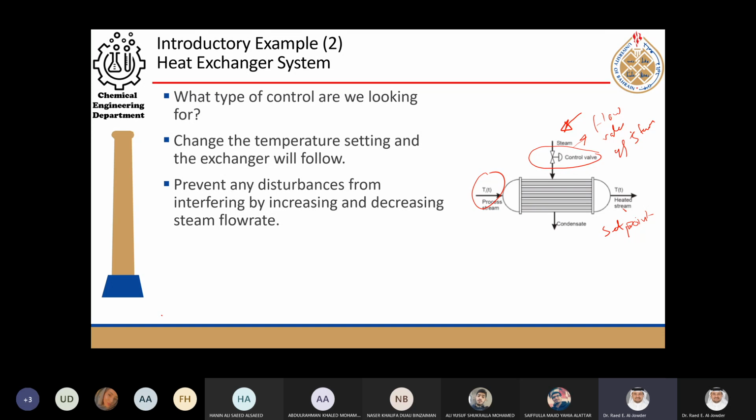Sometimes, say, for example, I go and do some analysis, and then an engineer tells me, okay, why are you operating at 100 degrees Celsius? I say, when I did my design, I discovered that this temperature gives me the maximum profit.